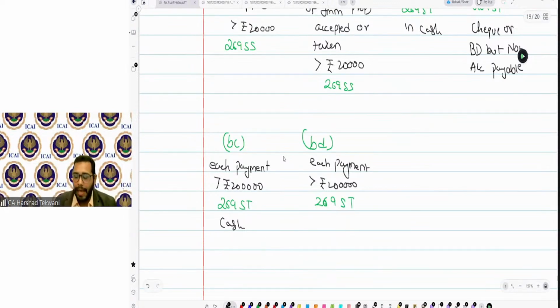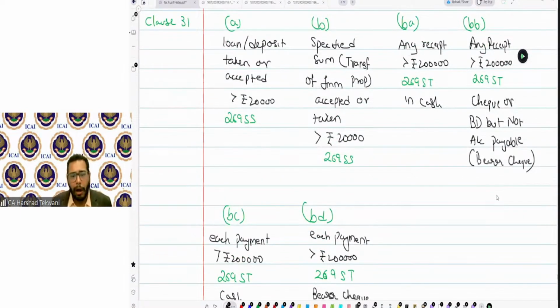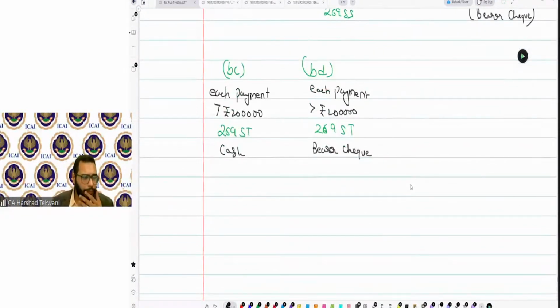Okay. And here it is deemed cash or bearer check kind of, which is this one. Check or bank draft, not account payee check or bank draft.